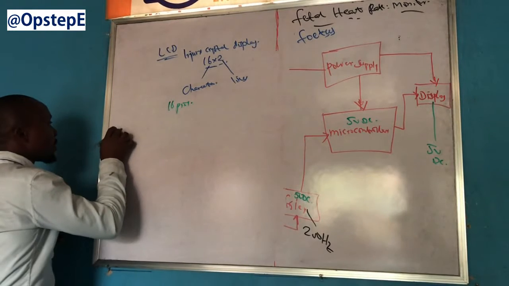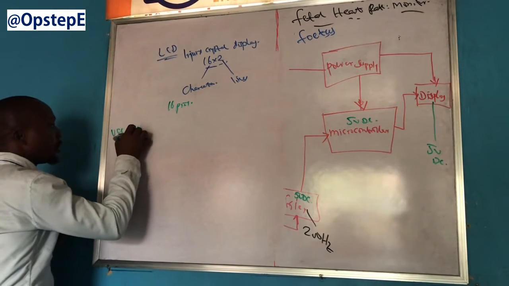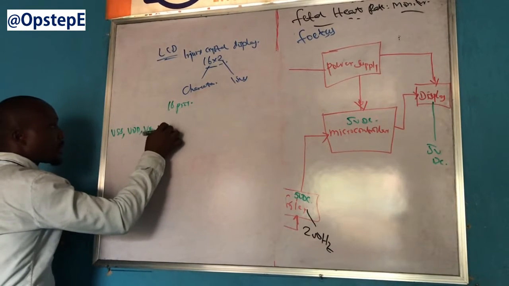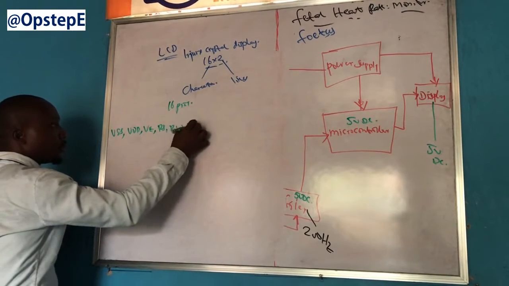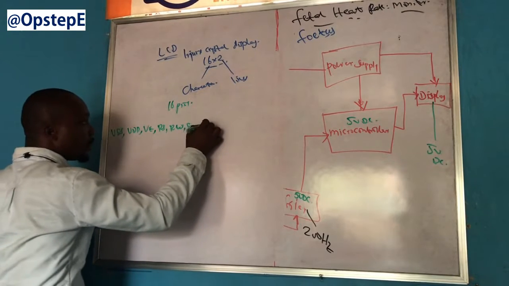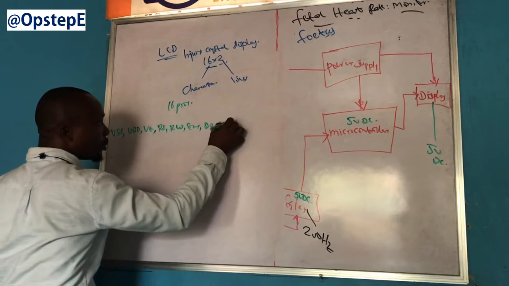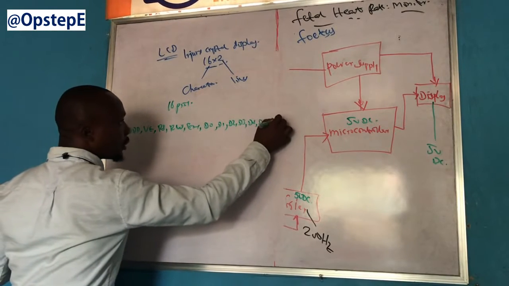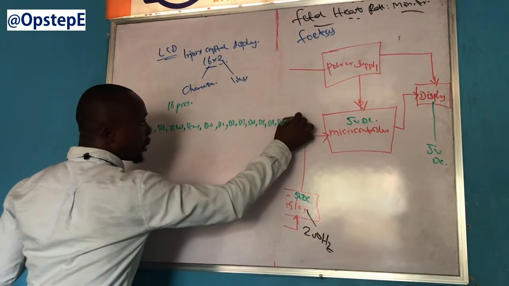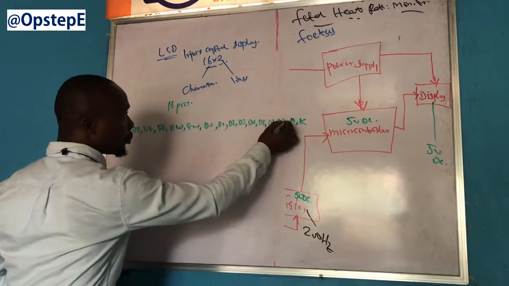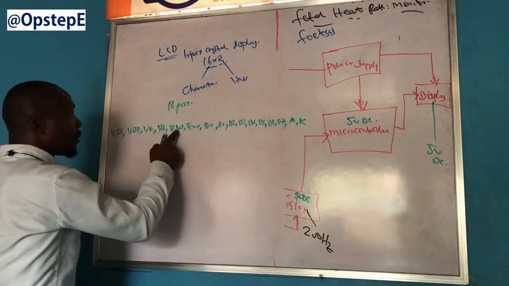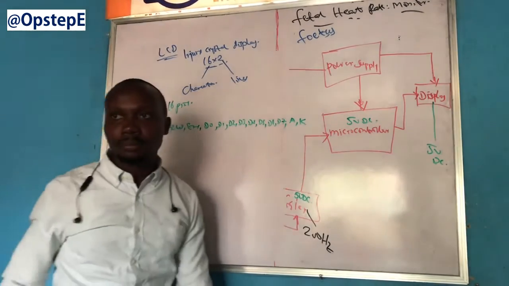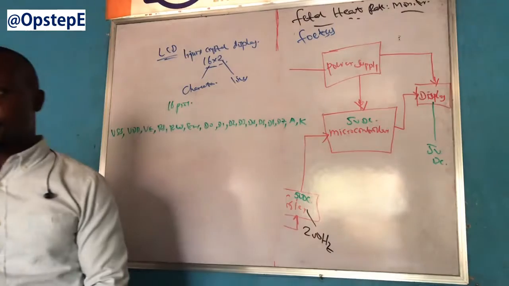Pin 1 is VSS, followed by VDD, followed by VE, followed by RS, RW, E, then D0, D1, D2, D3, D4, D5, D6, D7, A, and K. So that will be 16. 1, 2, 3, 4, 5, 6, 7, 8, 9, 10, 11, 12, 13, 14, 15, 16. That's 16 pins.